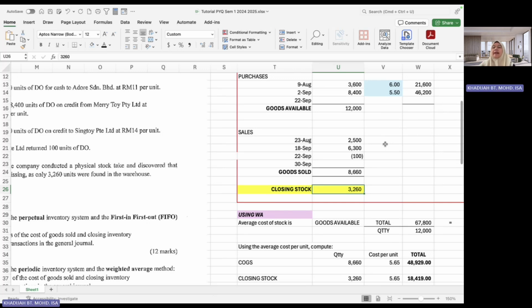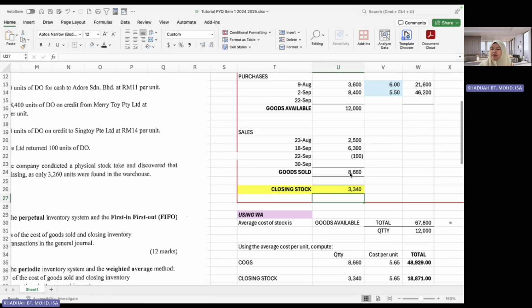Normally, when I want to look for my closing stock, I will have my goods available minus goods sold. So for example, in this case, my goods available is 12,000 minus my goods sold of 8,660, my closing stock should be 3,340.